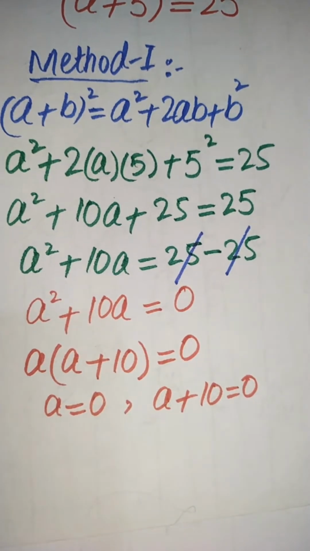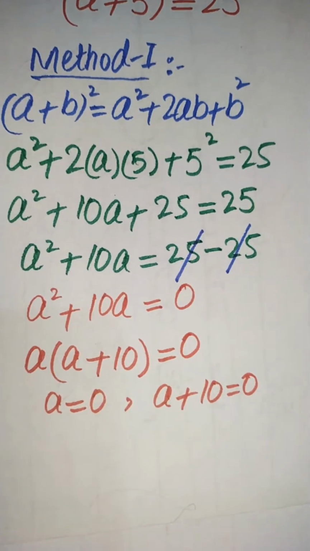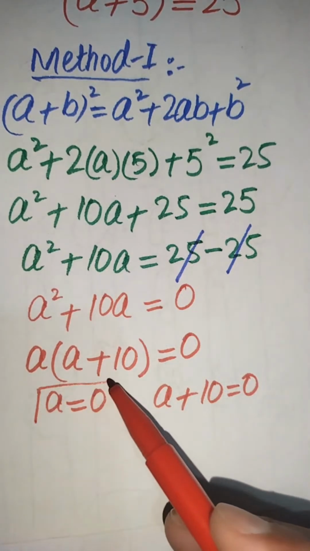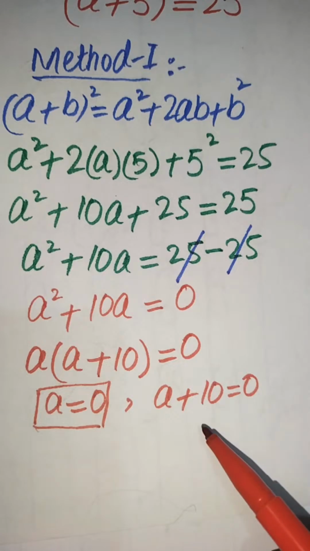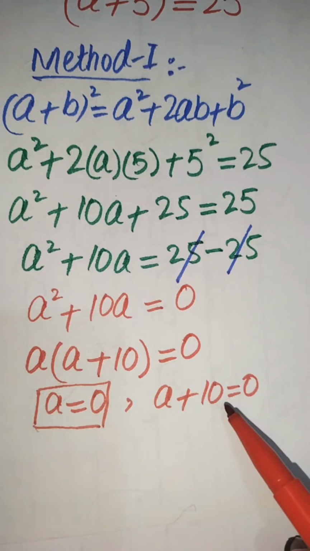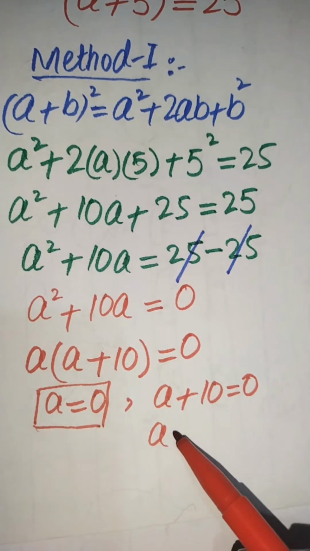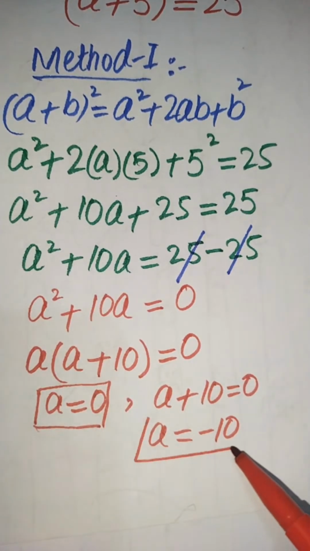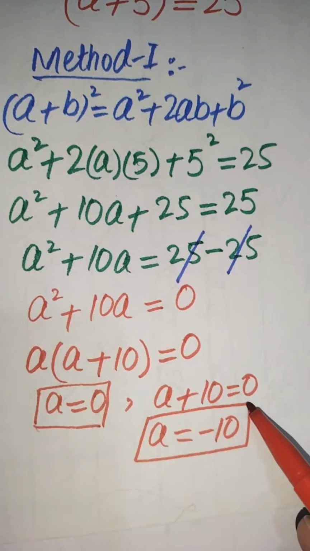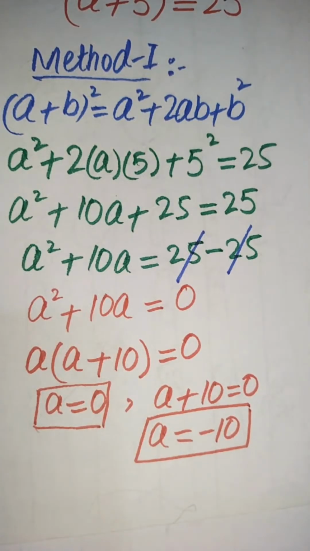This is our first root of the given equation, and from the second case, when we move this plus 10 to the right hand side, a is equal to minus 10. So this is the second root of the given equation.